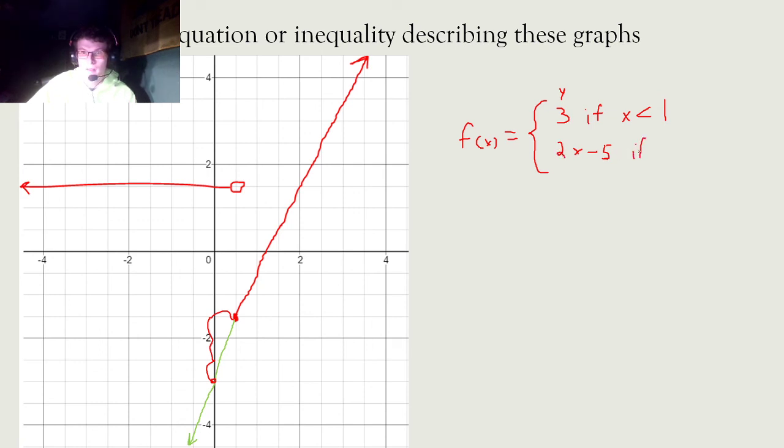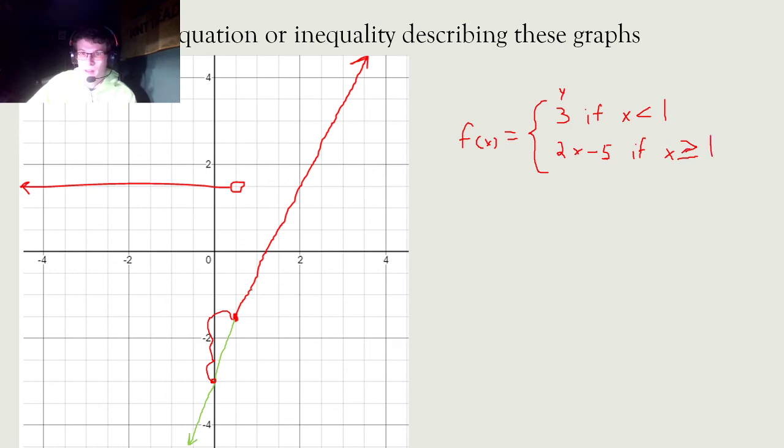If x is, what is x? What are my values of the domain? My x values are greater than or equal to 1.